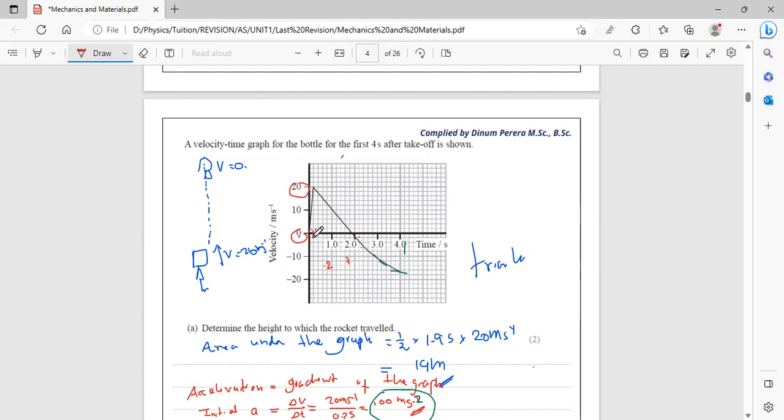So what's the value of 1 square? 5 squares is equal to 1 second. So 1 square is equal to 1 second divided by 5, which is 0.2. So during the first 0.2 seconds, the velocity becomes 20 meters per second.